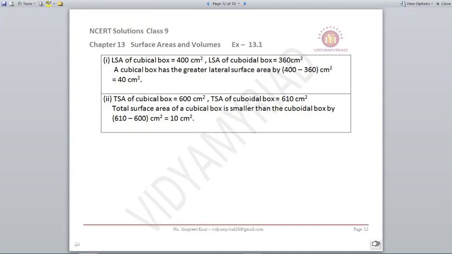So what is the difference between both of them? 40 centimeters square. And in the second case they are asking about the total surface area. So TSA of cubical box is 600 and TSA of cuboidal box is 610. Difference between both is 10 centimeters square.